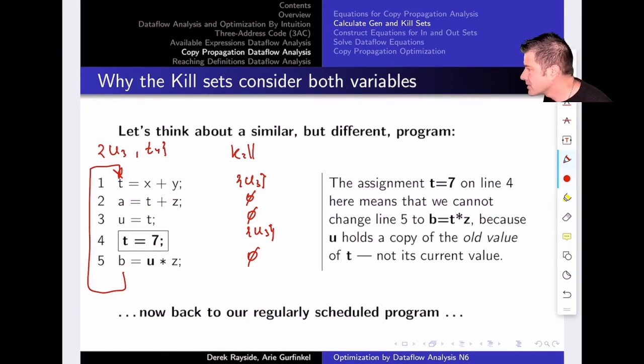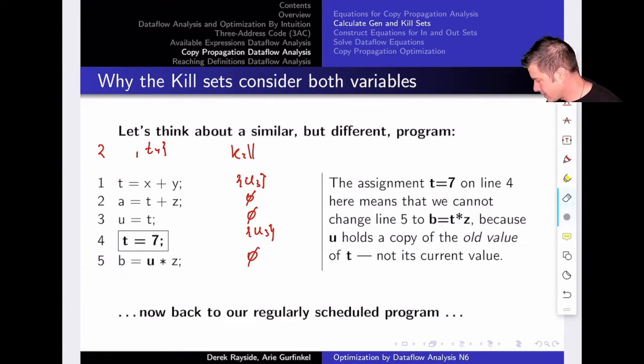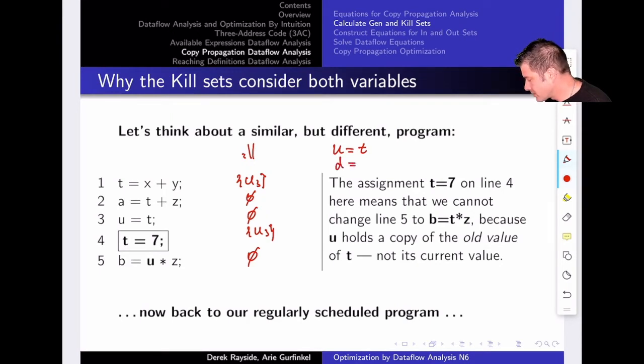Now there's another question. So let me erase, leave this here and try to see if I can understand the question. It says, if we have U equals T, and then we also have D equals U, do we include D in the same kill set?